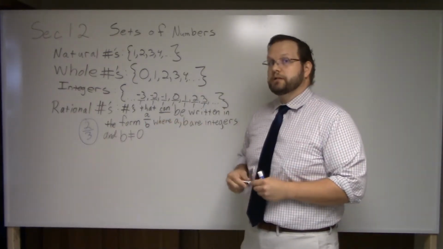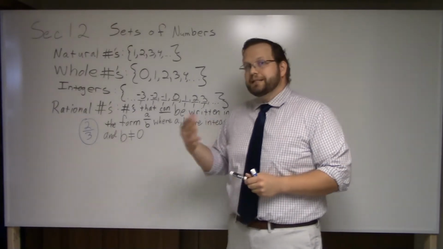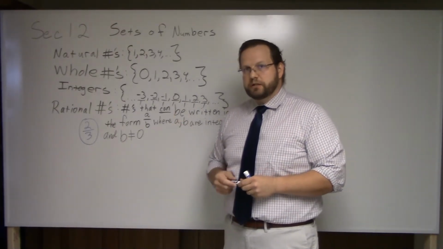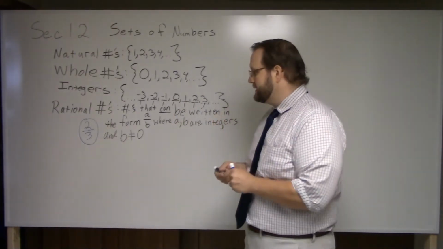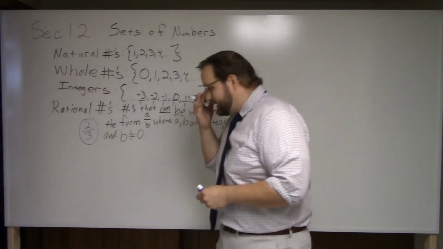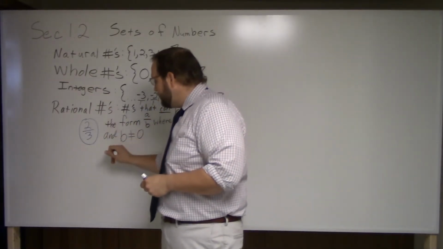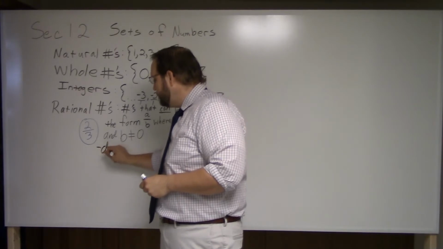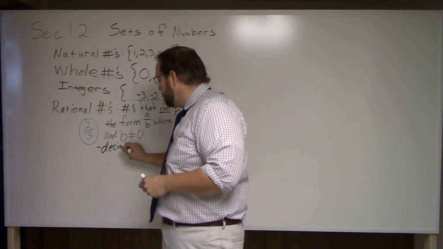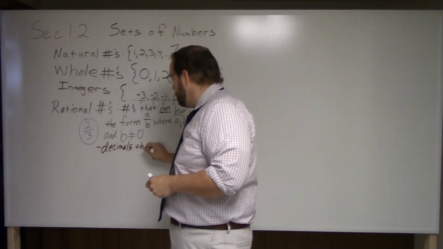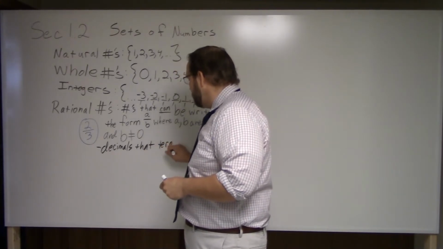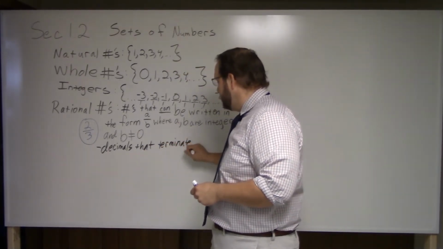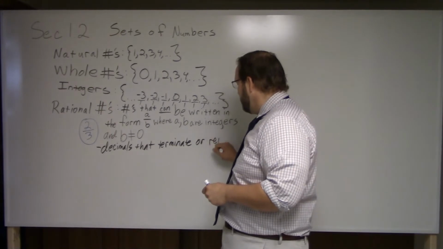Decimals can also be rational numbers as well. Only certain decimals, though, can be written as fractions. So how can we recognize that? So first thing with a decimal, rational numbers are also decimals that terminate or repeat.